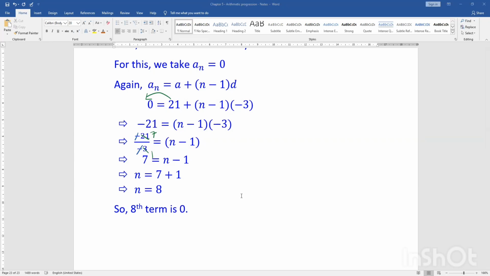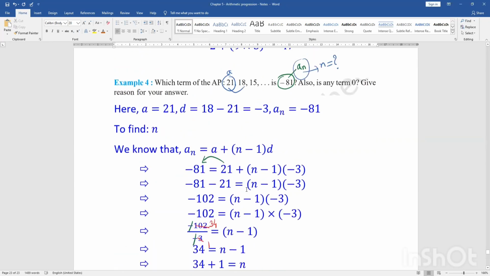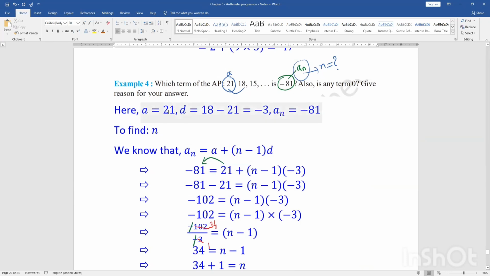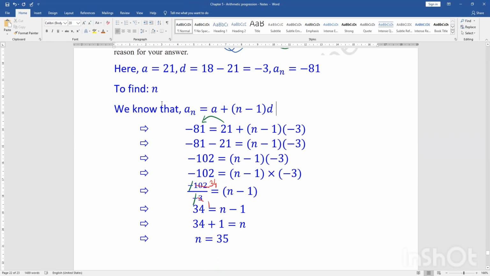Okay, so let us try to understand what we did. Here we have A equal to 21, D equal to 18 minus 21, that's minus 3. And An I took as minus 81 because they asked which term of an AP is minus 81. Now we have to find the value of n, because when we get the value of n, we'll know which term is minus 81. Then I write the formula An equals a plus n minus 1 d.